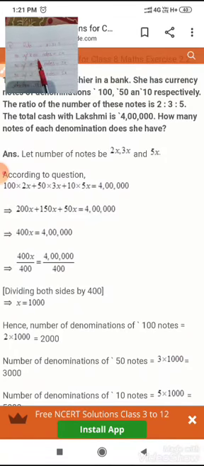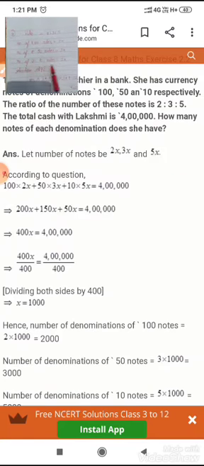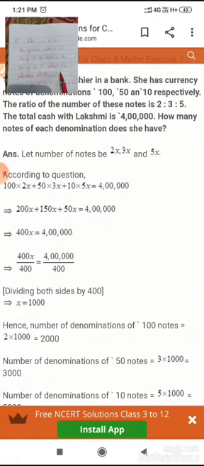The number of rupees 100 notes be 2x, the number of rupees 50 notes be 3x, and the number of rupees 10 notes be 5x. Then in our question it is given that Lakshmi has 4 lakh rupees. So we have to multiply the number of notes by their values.